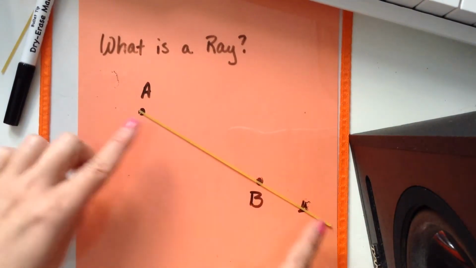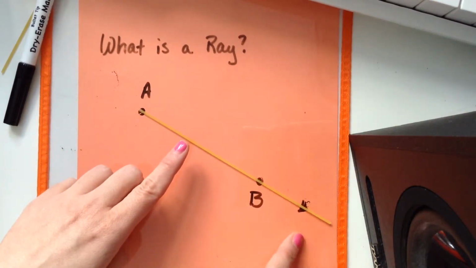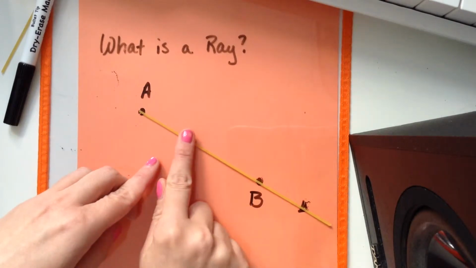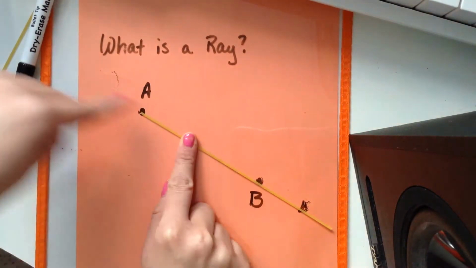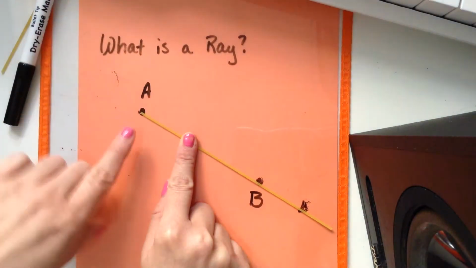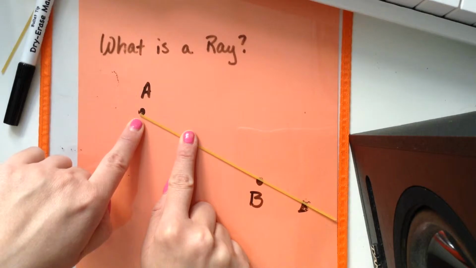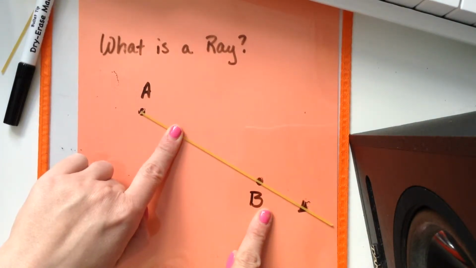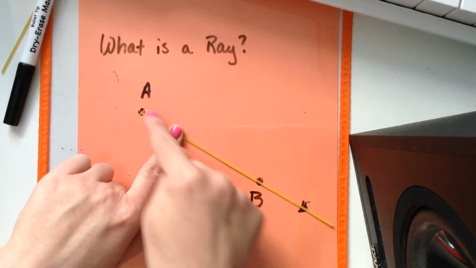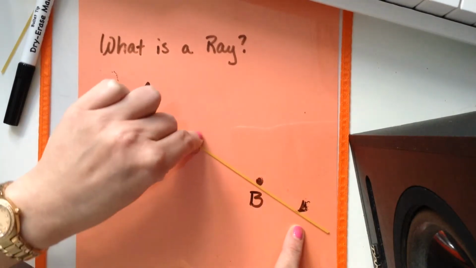Even though the spaghetti piece has a length, we're going to pretend it goes on and on with this arrow. So A becomes an endpoint, not just a point on the long line forever and ever, but it stops here. You could say it begins here. And this point, B, gives it the direction. I want it to go from A through point B, on and on forever.